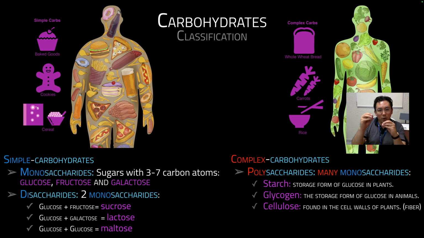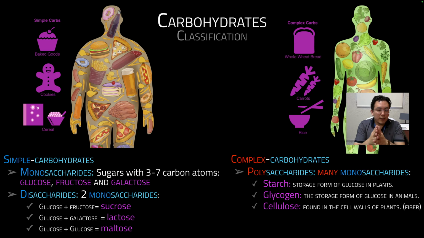Depending on how they connect one with the other, this is where we have the second category of simple carbohydrates, which is two of these units coming together into what we call the disaccharide.